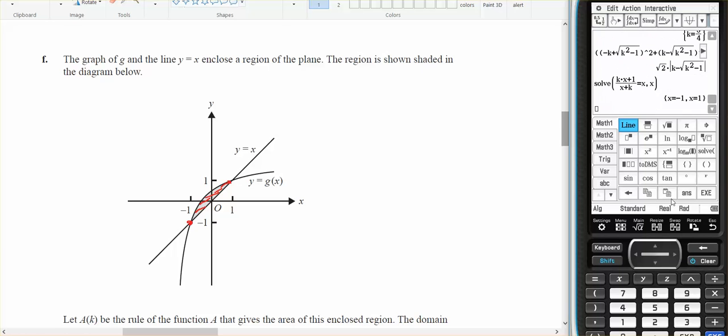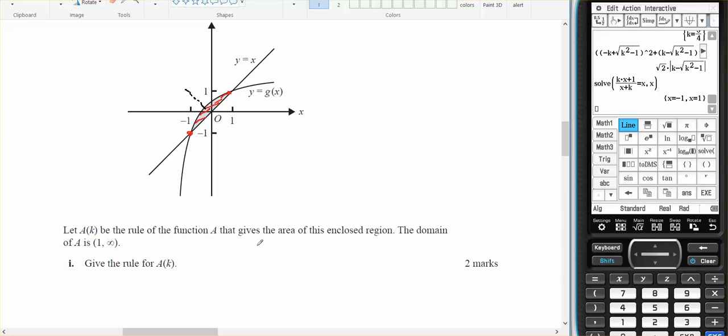And when I solve for x, I get negative 1 and 1. So always, no matter what k is, k takes my curve along the line y equals minus x.